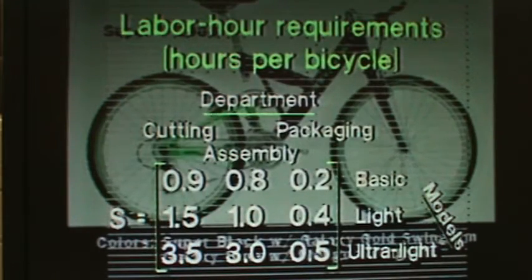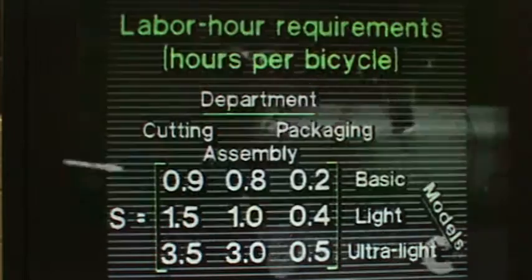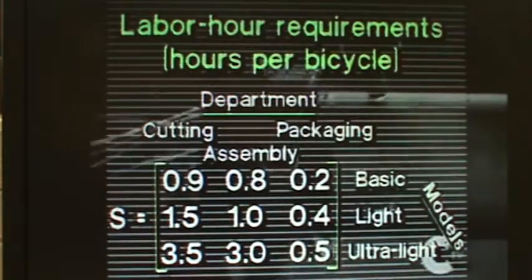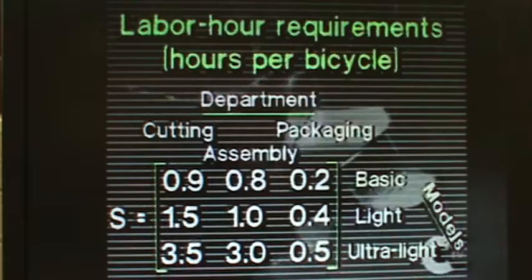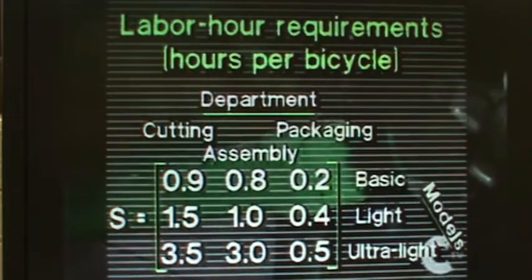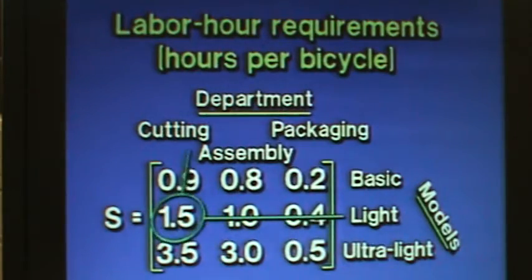If we want to identify a particular item, like, for example, the number of hours required for cutting a light model bicycle, we simply cross-reference within our matrix. We cross-reference the cutting with the light, and we get 1.5, so it would take 1.5 hours of labor to cut a light model bicycle.